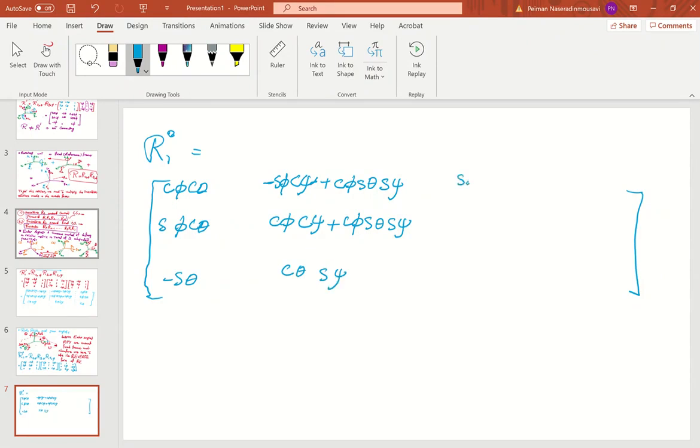Here we have sine phi sine psi plus cosine phi sine theta cosine psi, minus cosine phi sine psi plus sine phi sine theta cosine psi, and cosine theta cosine psi.